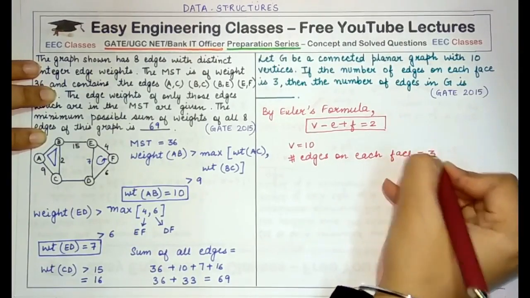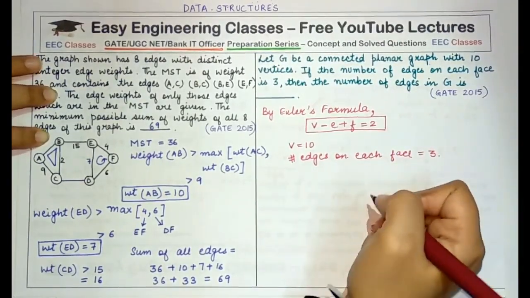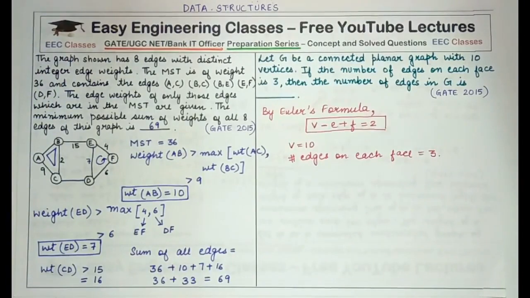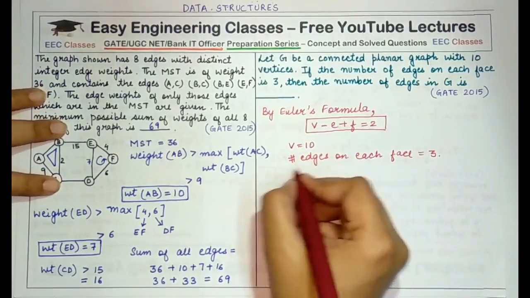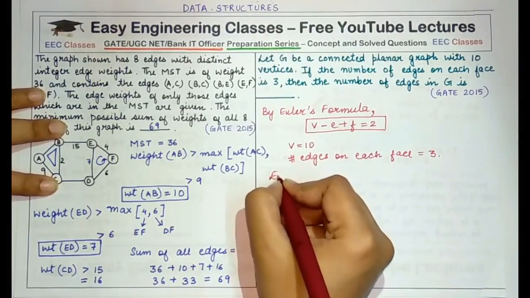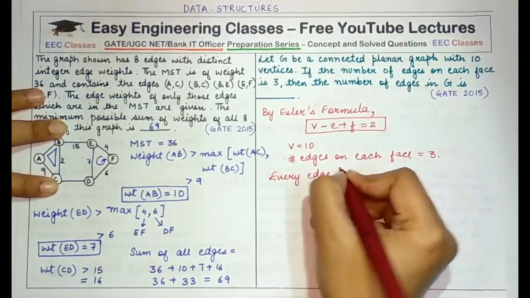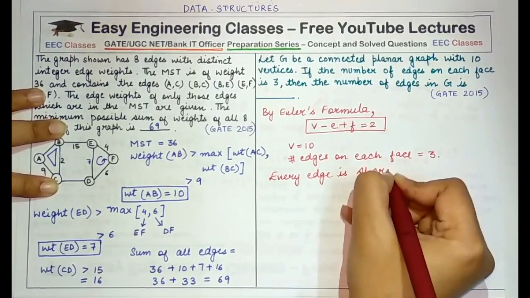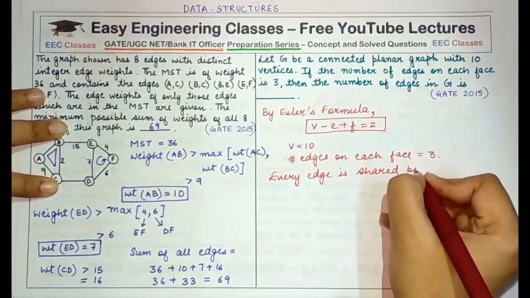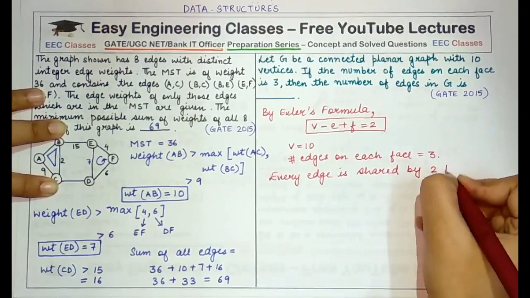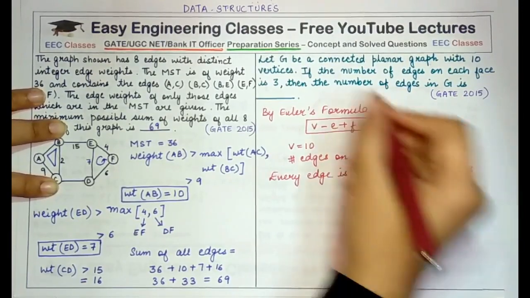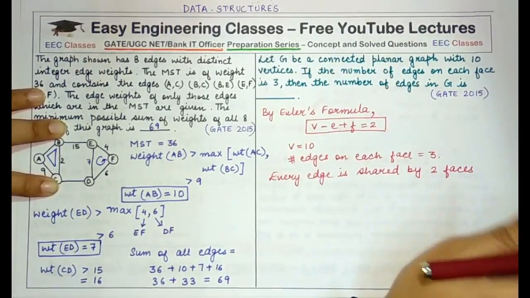Now, apart from this relation, you must remember that every edge is shared by 2 faces in a connected planar graph. I'll write it down for you: every edge is shared by 2 faces in a connected planar graph that is given to you.